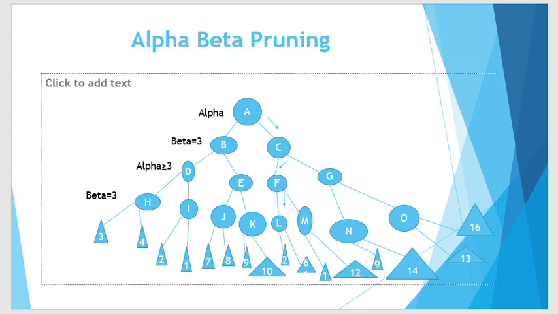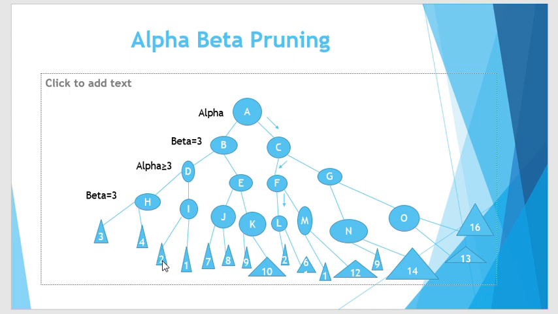But as we see here, the alpha value is 3, the max is already decided here. So the maximum value here is already fixed as 3. If we choose that particular path, we will get the value of 2.